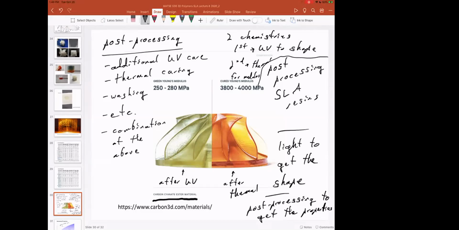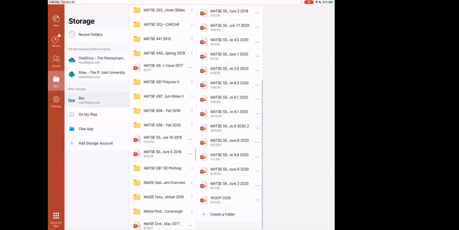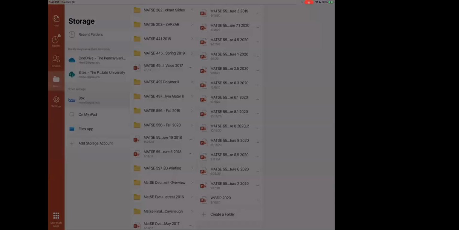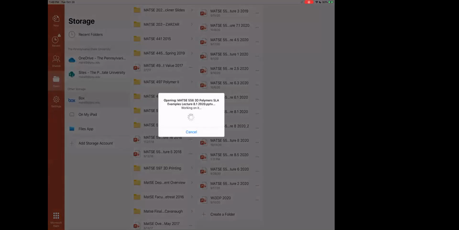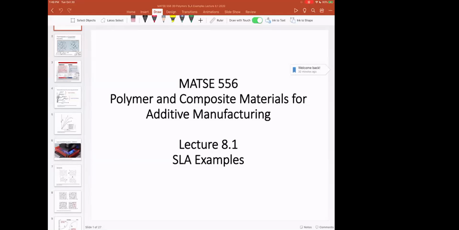So we'll talk about what's going on specifically with this chemistry further in the lecture. We're going to leave lecture 8 and go to lecture 8.1. We were getting into this last time and we watched a couple of videos, so a couple of these will look familiar.